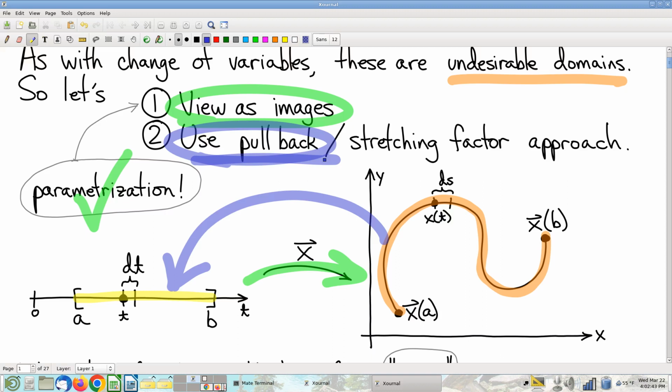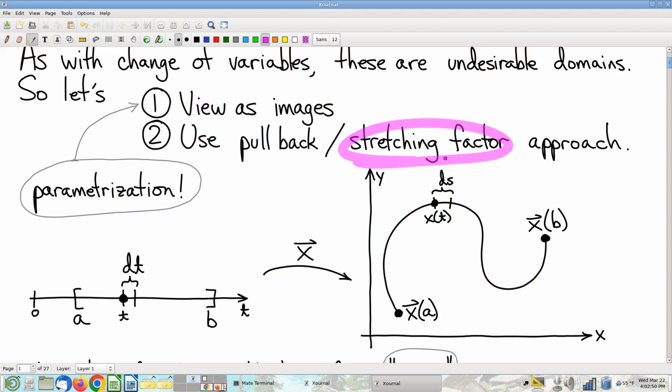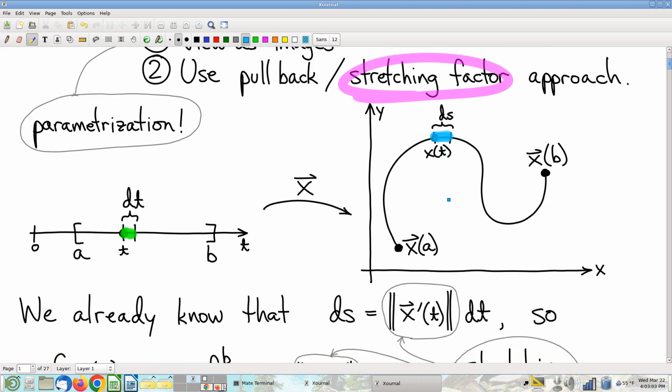Okay. So, as usual, the big question is, what is the stretching factor? Let's talk stretching factors. Keep in mind the idea of a stretching factor is that a little piece of the t-axis and its image, in this case a little piece of our curve, are not the same size. When you have a function that pushes a domain forward, things get contorted and distorted and stretched, and all sorts of changes happen to them.